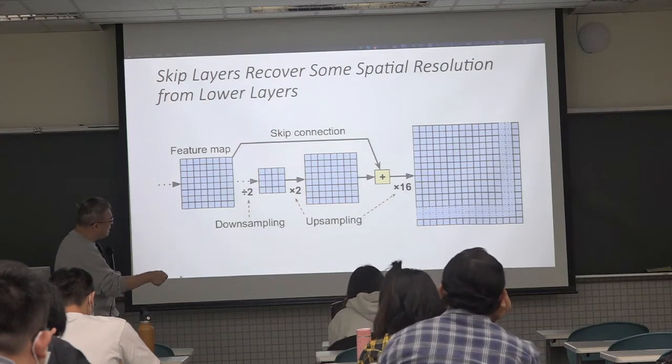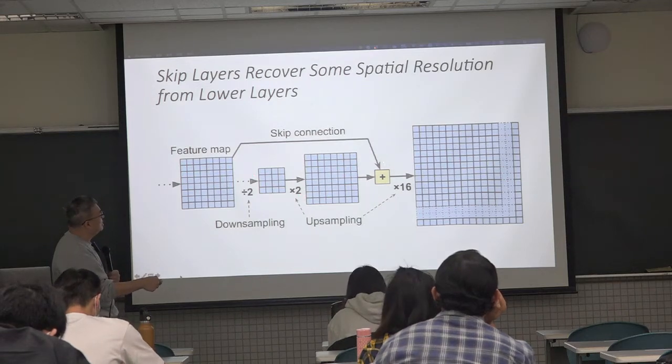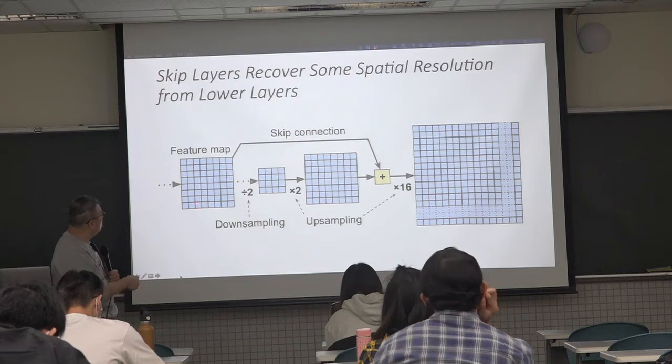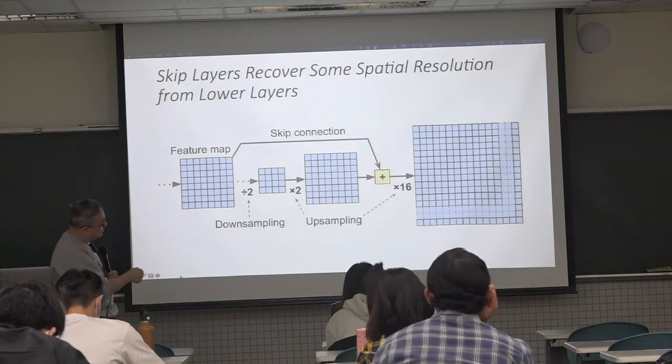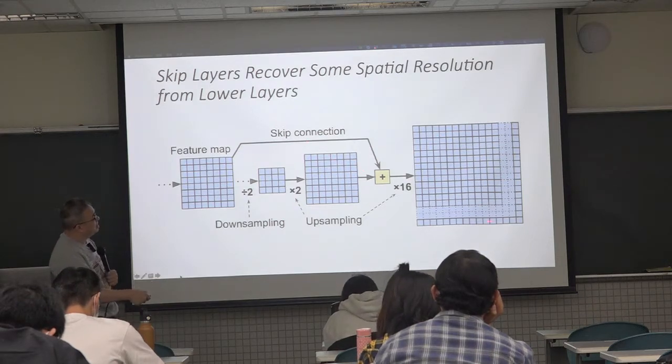But you don't just do that alone. You actually use skip connections from the lower layer, in order to get more information from the previous feature maps. By doing this, they have enough information to make the output feature map, the large feature map, more realistic. So this is what they do.